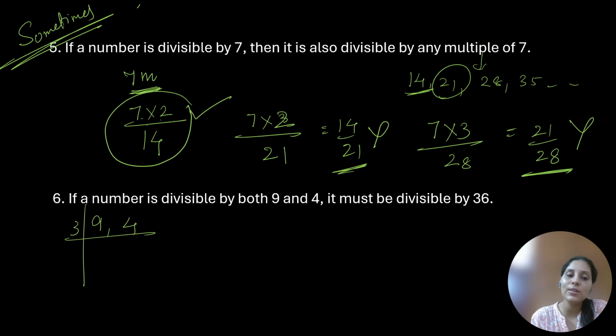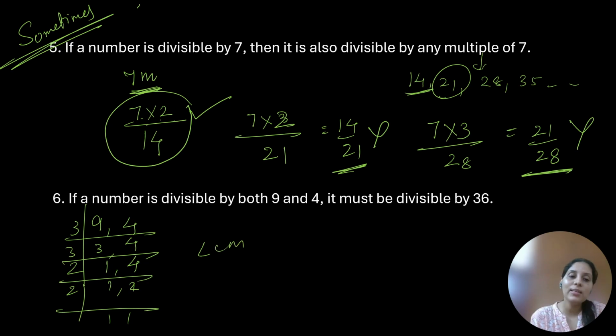How do we take the LCM? 3 ones are 3, 2 twos are 4. So what is the LCM? 36. Yes. So if a number is divisible by both 9 and 4, it must be divisible by 36. 36 is the LCM and 9 into 4 is also 36.